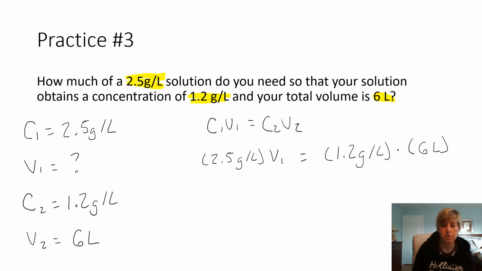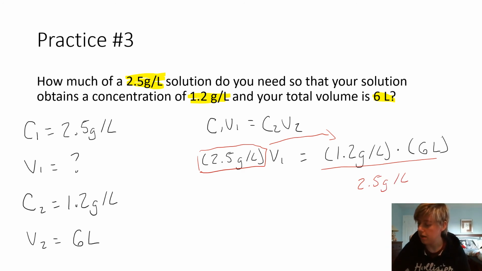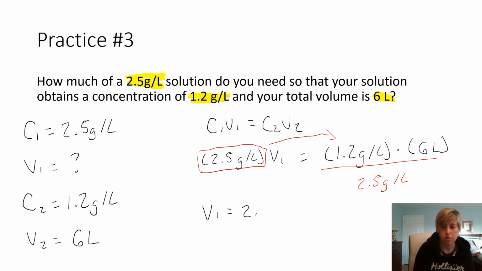So I'm actually bringing this to the other side of the equation. So to find V1, I need to do 1.2 grams per liter times 6 liters divided by 2.5 grams per liter. So when I do that calculation, I get an answer of V1 equals 2.88 liters.